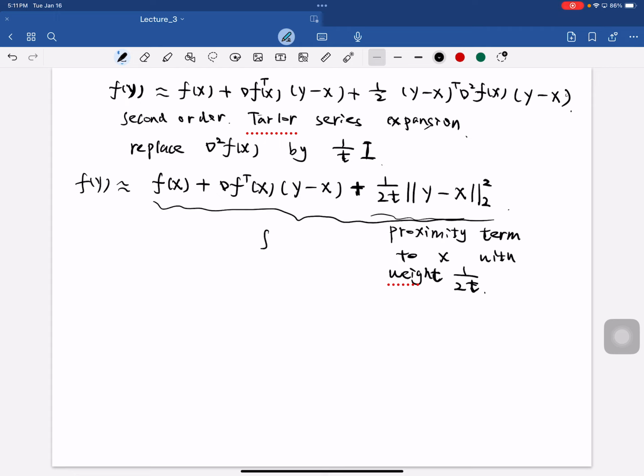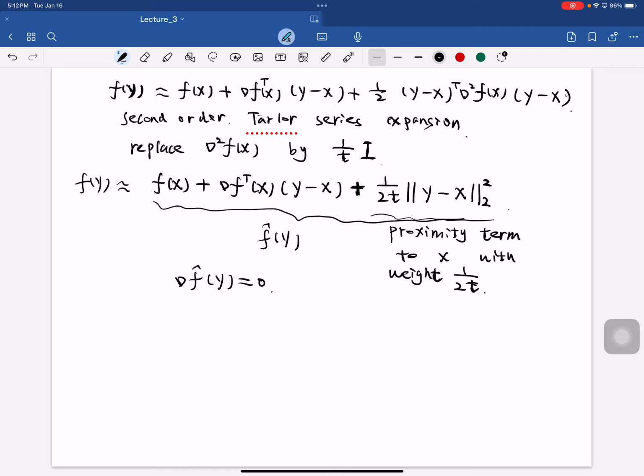Right, let's call it this f hat (y). So in order to get the minimum of f hat (y), we can set the gradient of f hat (y) to 0, right? And the way to do it is take the derivative with respect to y.